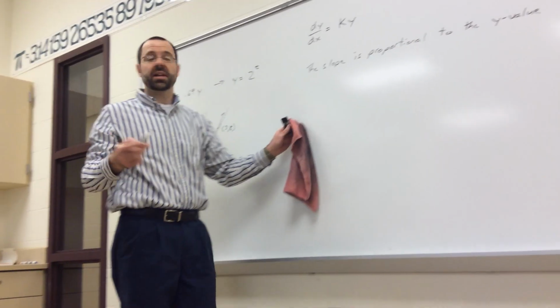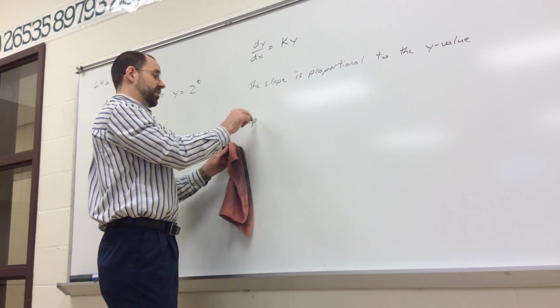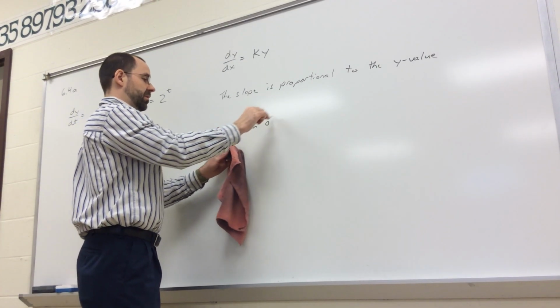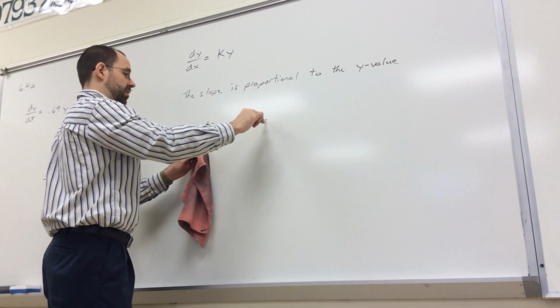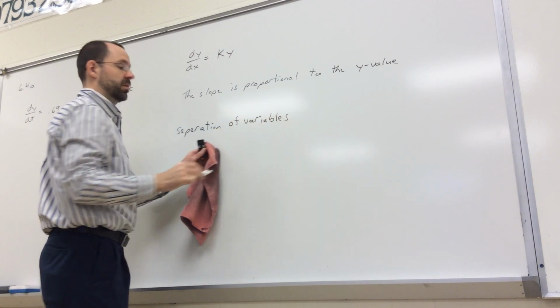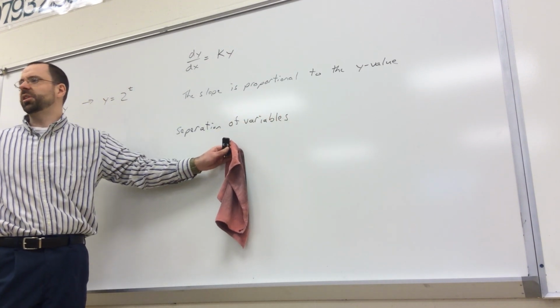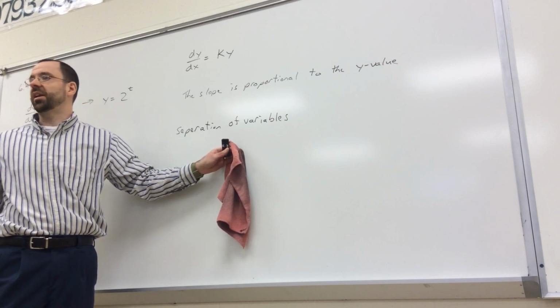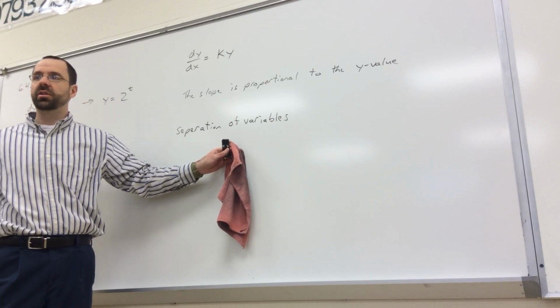Okay, then the other thing that happened yesterday is we saw the technique of separation of variables. I didn't write down what separation of variables was. We just did it once, and then I mentioned what it was called.